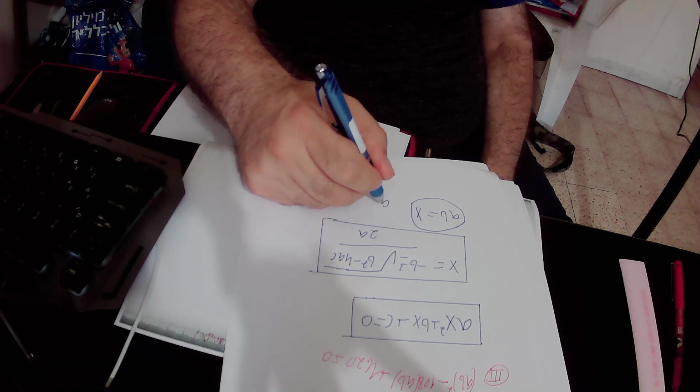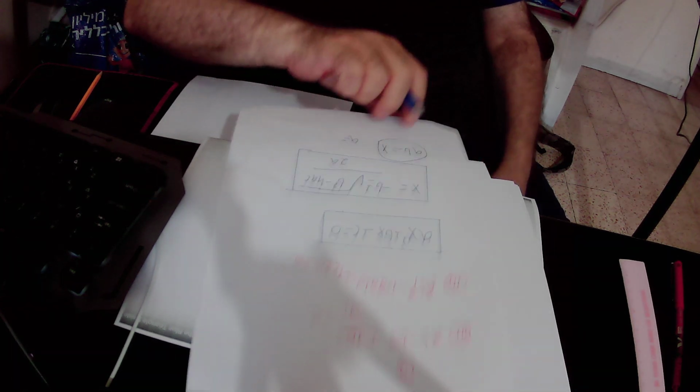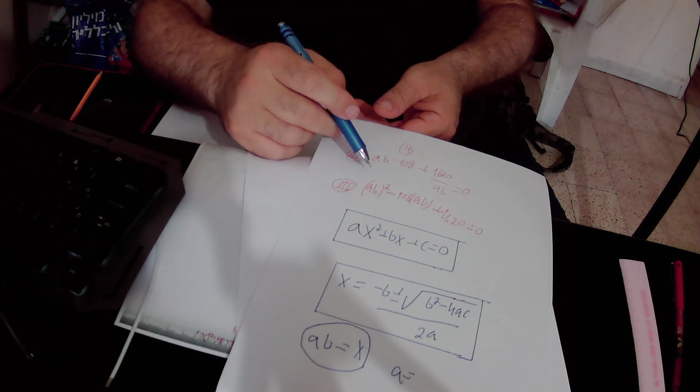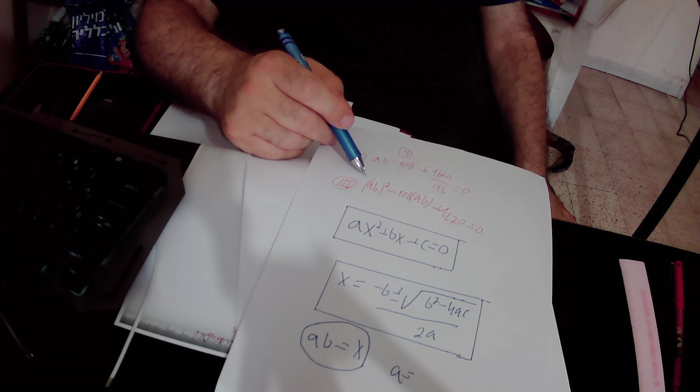As you can see, A equals 1, because here you can see it as 1 times AB squared. It doesn't matter if you write 1, because 1 times AB squared equals AB squared.